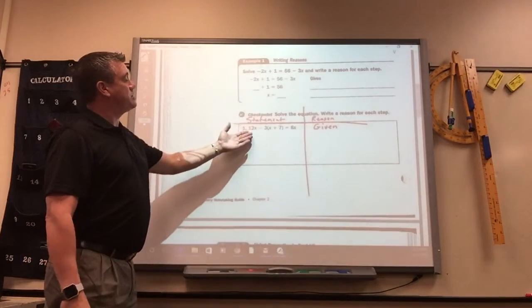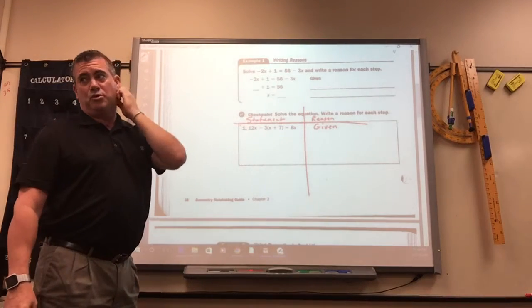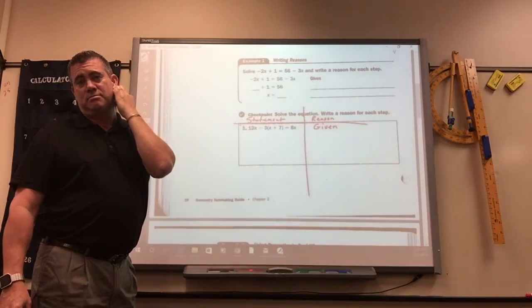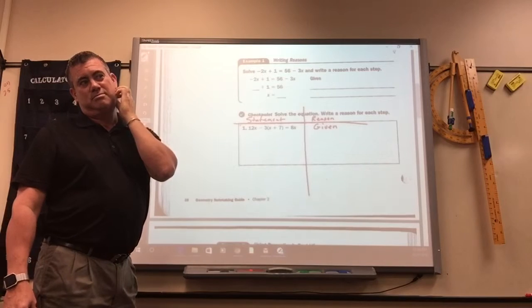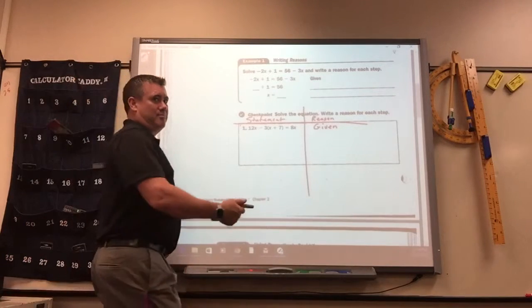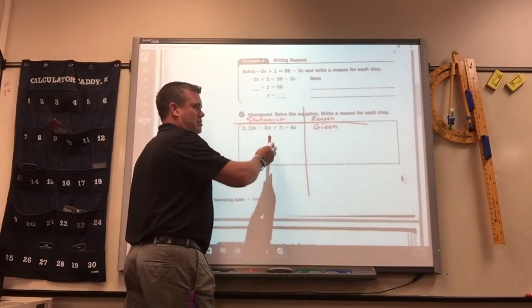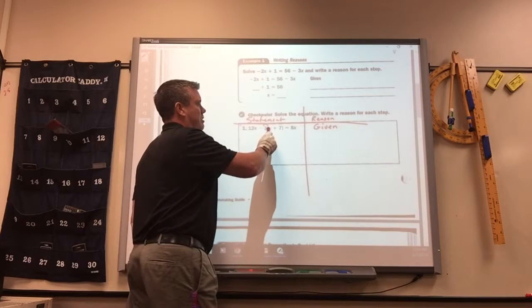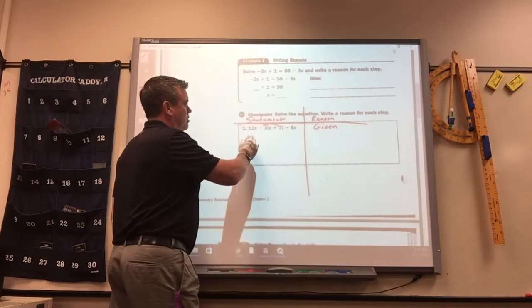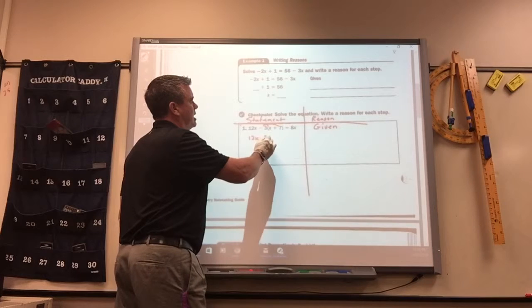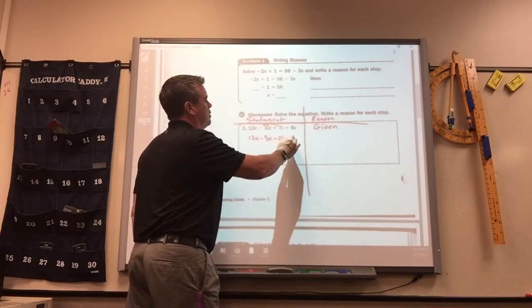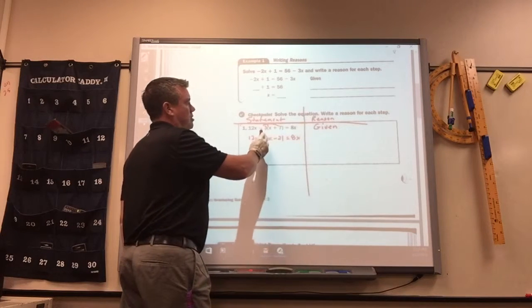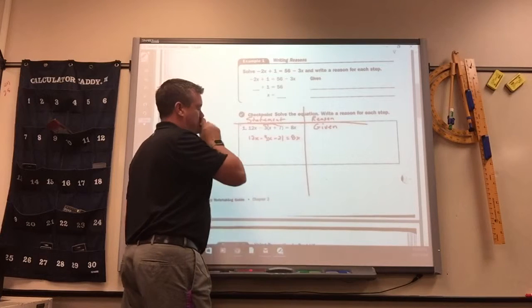So in this equation now, what's the first thing that you do to solve it? Someone say it. Distribute. So you would have 12x minus 3x minus 21 equals 8x. You took the negative 3 times there and times there.